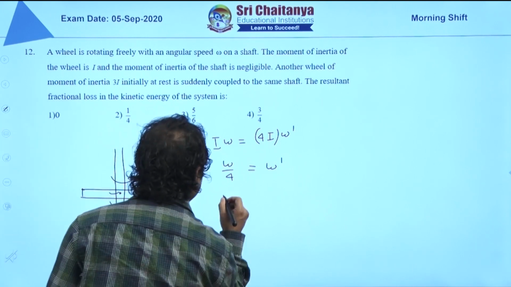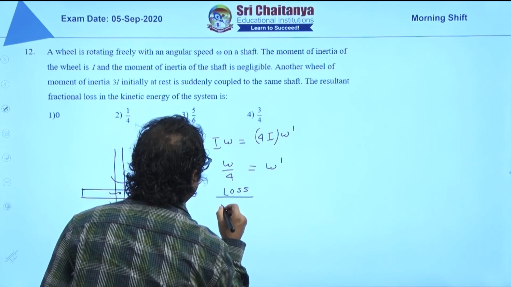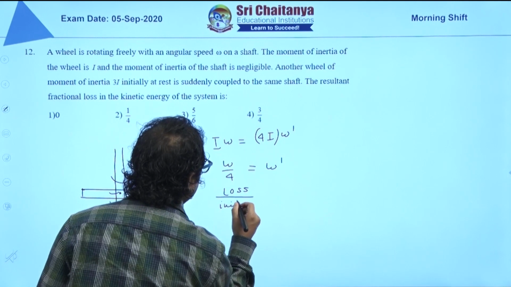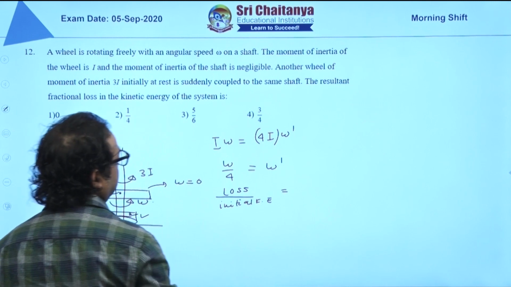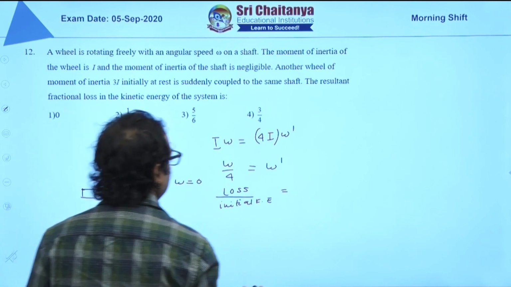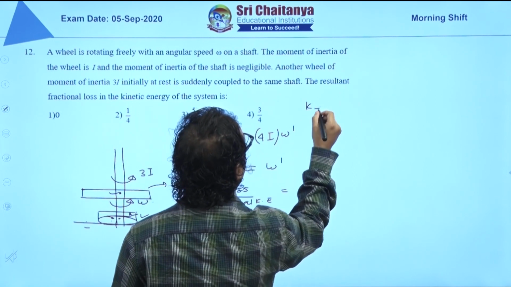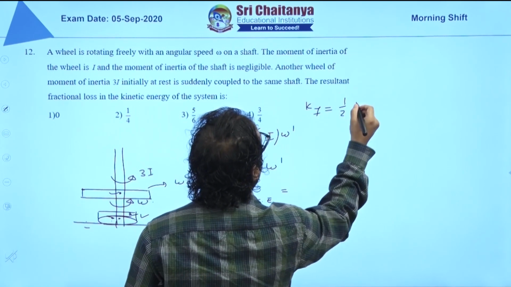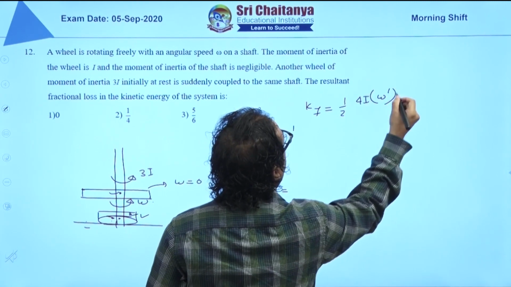So, that is nothing but loss divided by initial kinetic energy. So, what is the final kinetic energy we are getting? K final is nothing but half into 4I omega dash whole square.